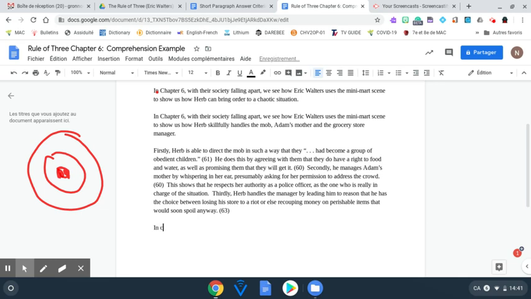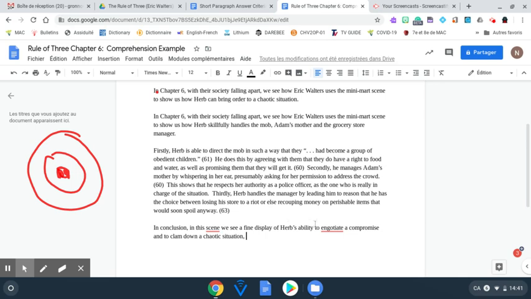So, in conclusion. You could use finally or in closing, but you want to have something there, a transition marker, that really indicates this is the end. So in conclusion, in this scene, we see a fine display of Herb's ability to negotiate a compromise and to calm down a chaotic situation.